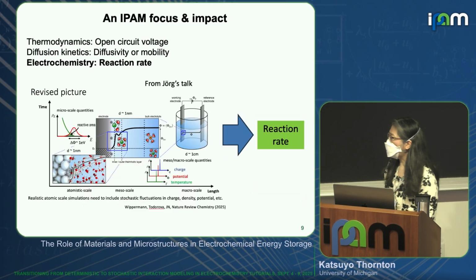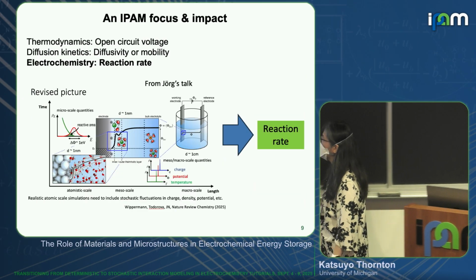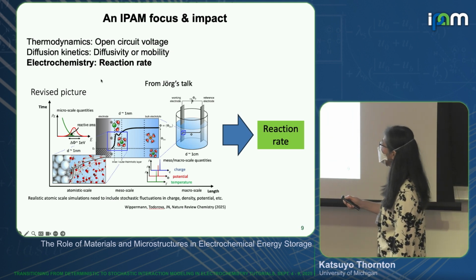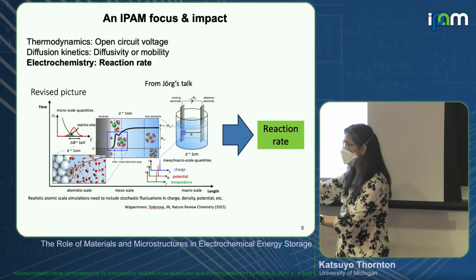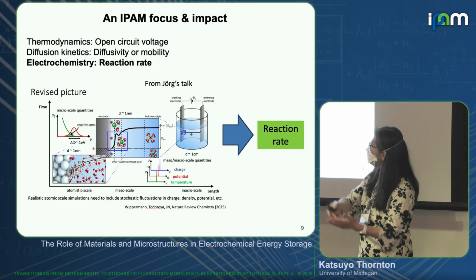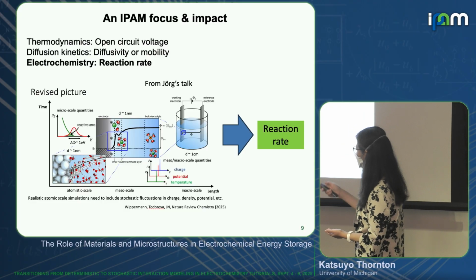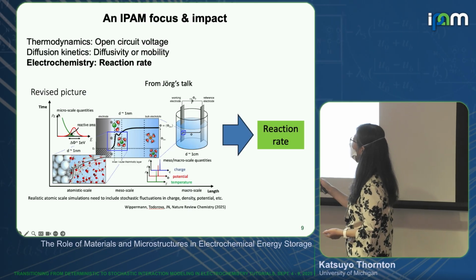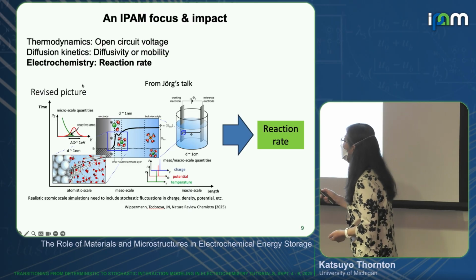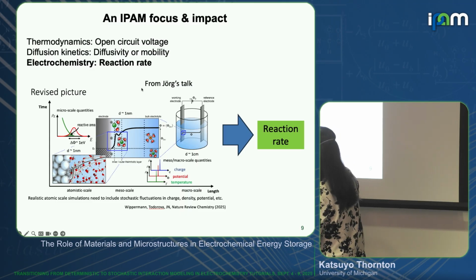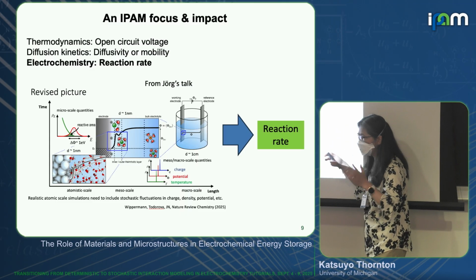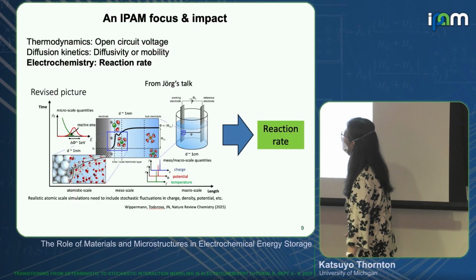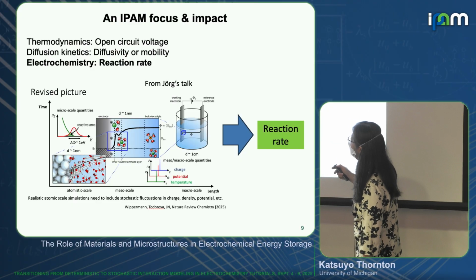But there was another factor that was discussed in the equations, which is that you have transport in this material, transport here in the electrolyte, and then at the interface, the reaction rate couples those equations. So that's electrochemistry, and that's what Yog talked about, and it's really the focus of the IPAM.